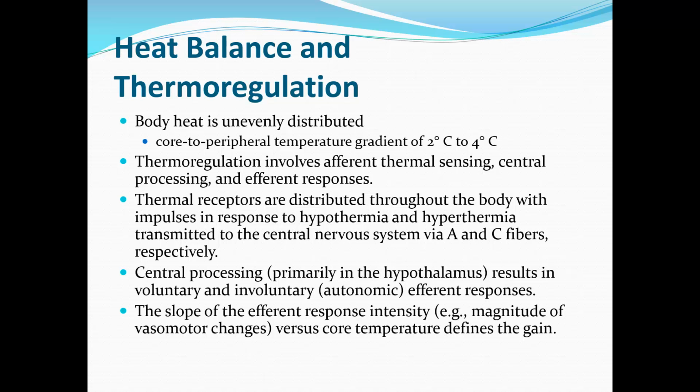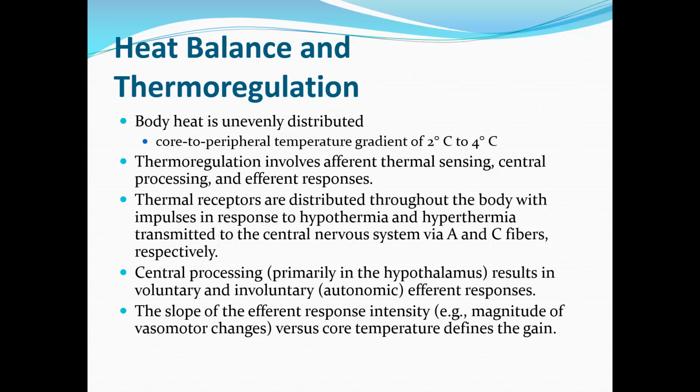Thermoreceptors are distributed throughout the body, like skin, abdomen, thoracic tissue, etc., with impulses in response to hypothermia and hyperthermia transmitted to the central nervous system via the A and C fibers. Central processing, primarily in the hypothalamus, results in voluntary and involuntary efferent responses.